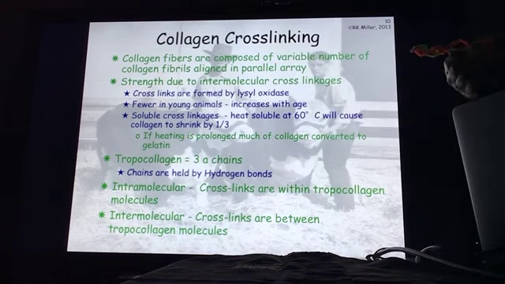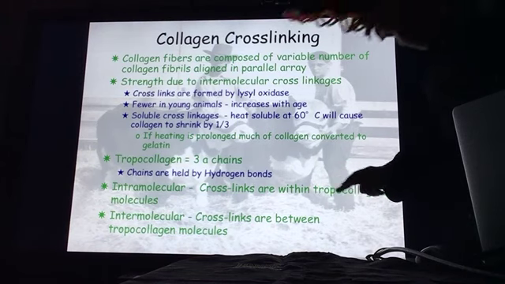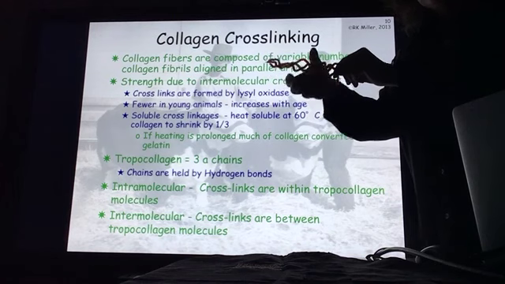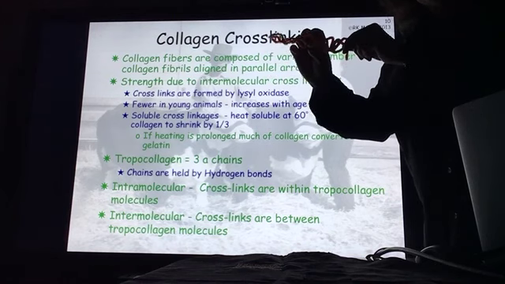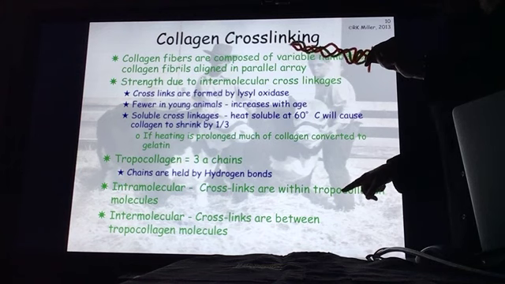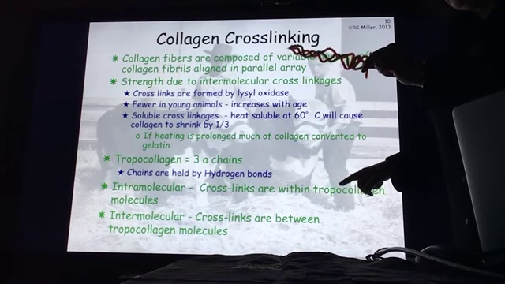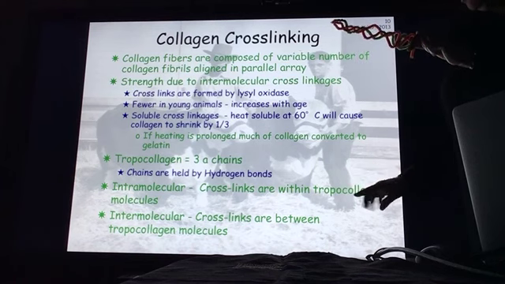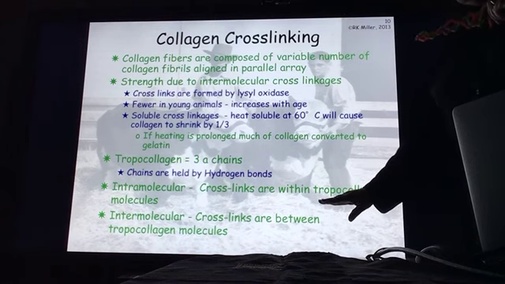And we call that cross-linking. And there are 2 places that we see cross-linking. The cross-linking within one tropocollagen, to hold those 3 helical structures together, is intramolecular cross-links. And they're within the tropocollagen molecule.